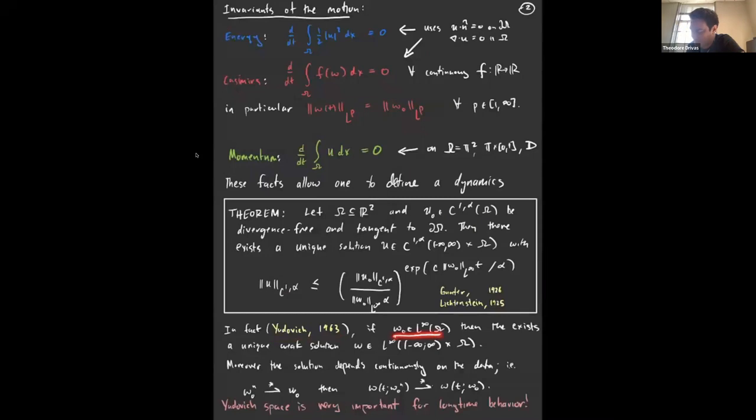If you just take vorticity in L infinity, then the fact that you have these Casimirs means that you're always bounded by your initial data in that space. So you never leave, you never get far. And so we'll come back to this point, but this Yudovich space, just bounded vorticity, is crucially important to understand the picture of the fluid at long time.